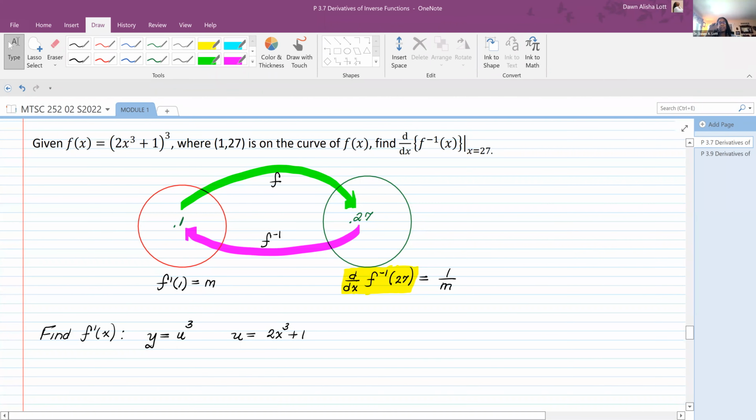If you take the derivative of the outside function and then multiply by the derivative of the inside function, that will give you the answer.